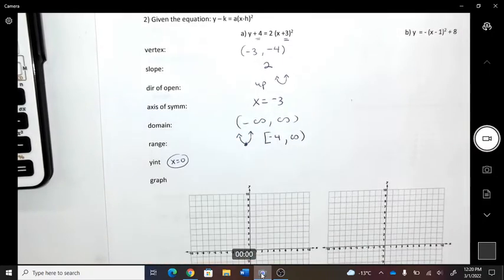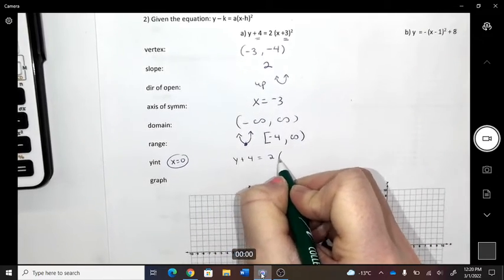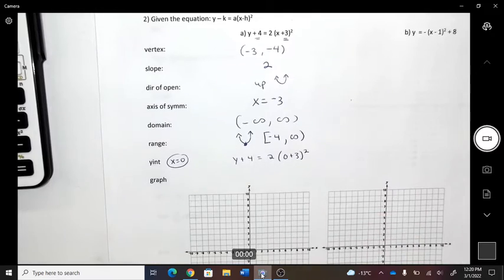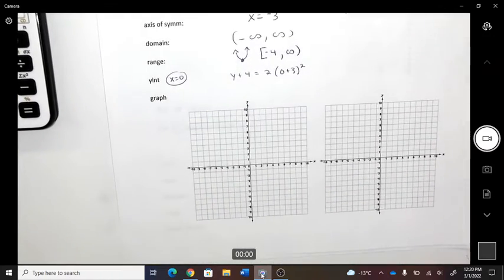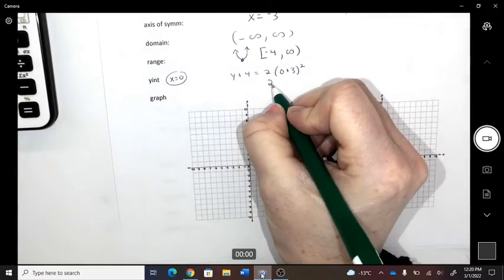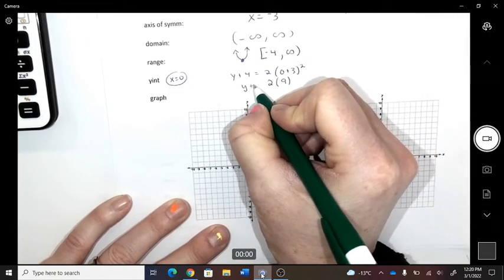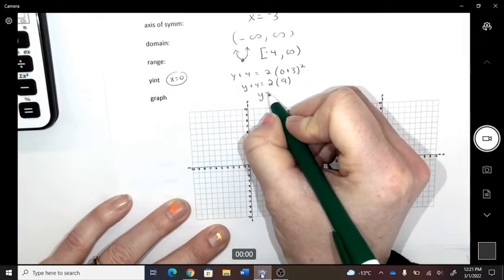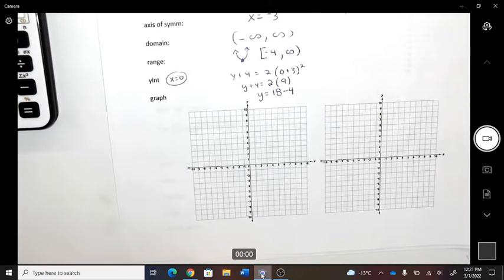When the x value is 0, okay, so what's the math? You're going to have 2 times 9, right? Because that would be 3 squared. So that was 18. You're going to have to subtract 4 yet, because you have to get that 4 out of there.